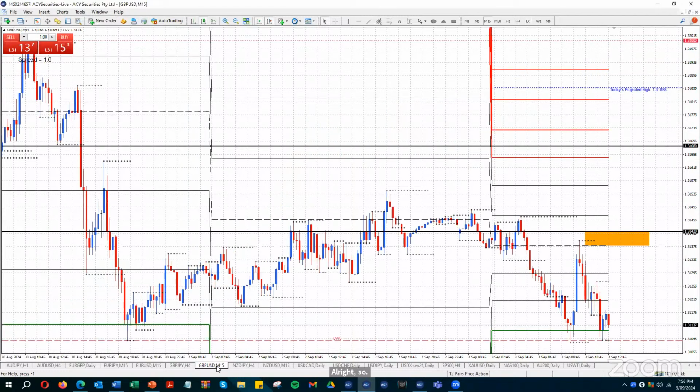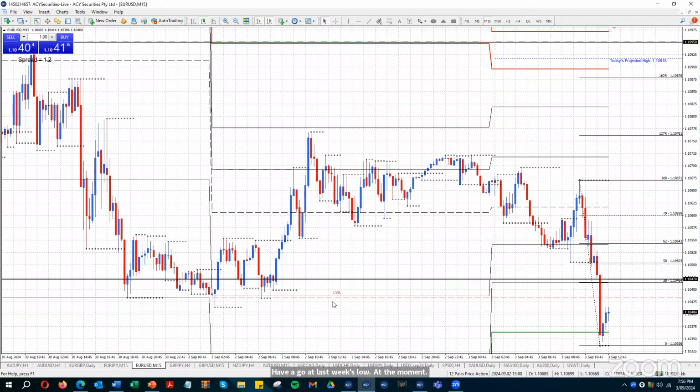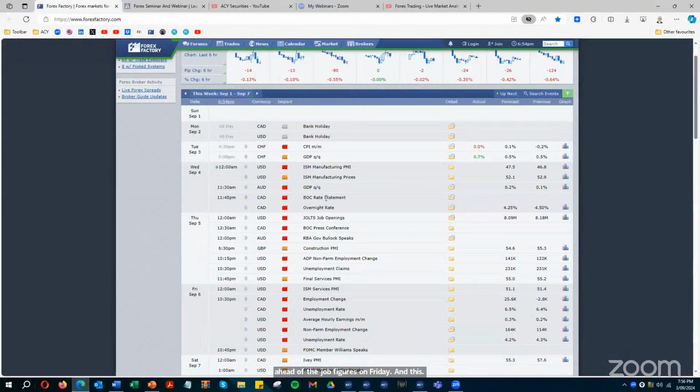I just want to see what's the pound. It's trying to have a go at last week's low at the moment. The euro has moved through last week's low. So we're definitely seeing US dollar strength coming in ahead of the job figures on Friday, and there's more news items coming out before then, with today's first up from the US moving into Wednesday on midnight, the ISM manufacturing PMI. So yeah, the downtrend that we're seeing on the pairs to the US dollar at the moment could continue, or we could reverse back up.